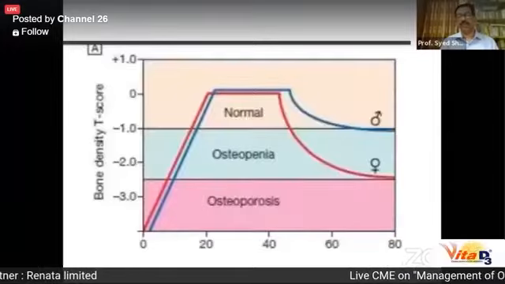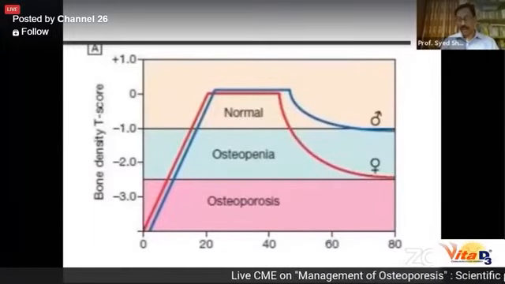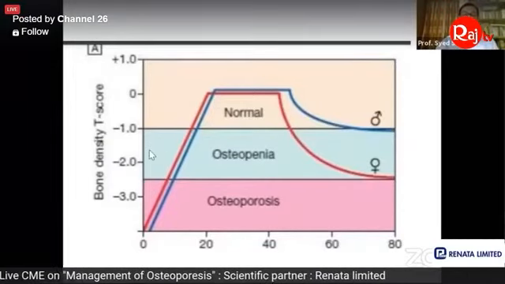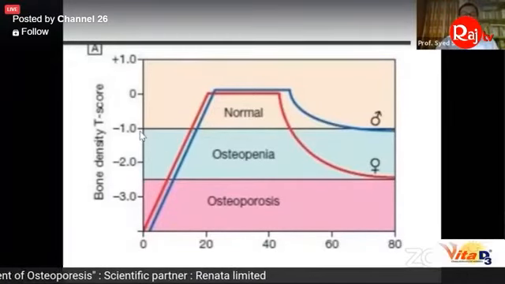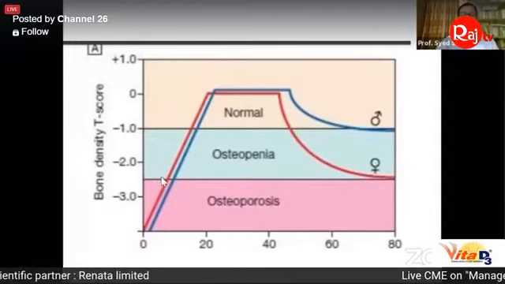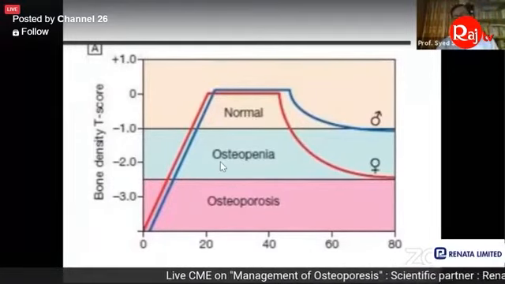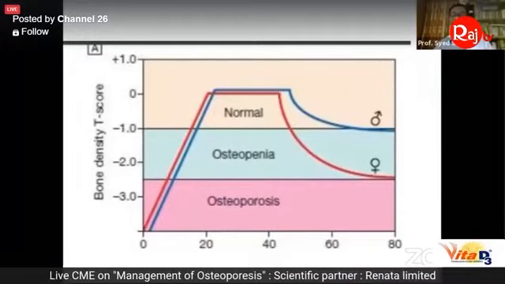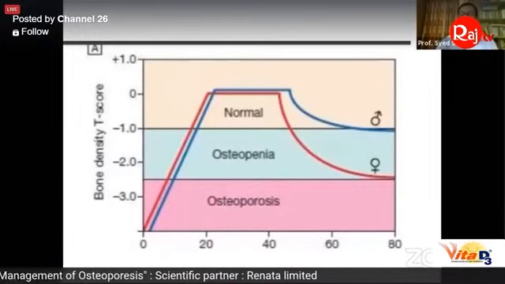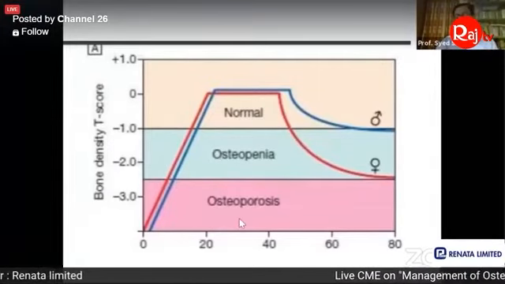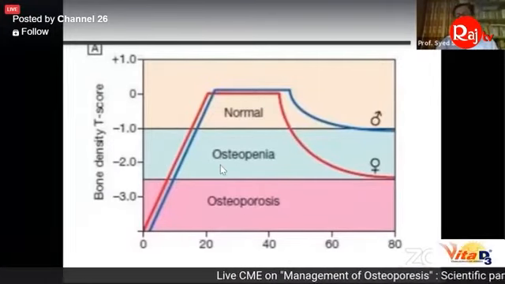I am very interested in osteopenia. When the T-score is -1 to -2.5, this is osteopenia. This means less bone mass, because he or she is going toward osteoporosis. We have to check this portion also.